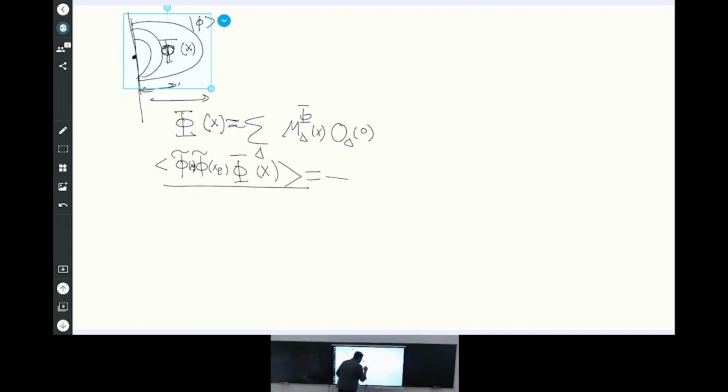It depends on a single cross ratio, Z, which is defined in terms of this coordinate. The expression is not important for this talk, but the point is that they can be expressed in terms of the single cross ratio, and then this F of z can be expanded.